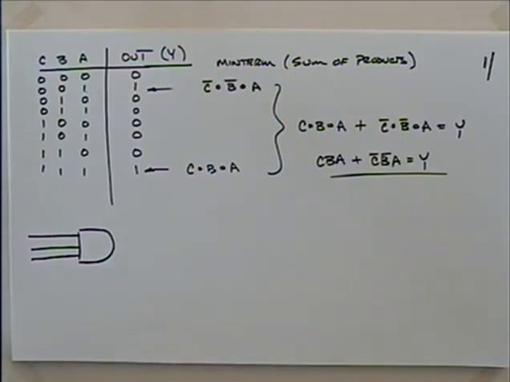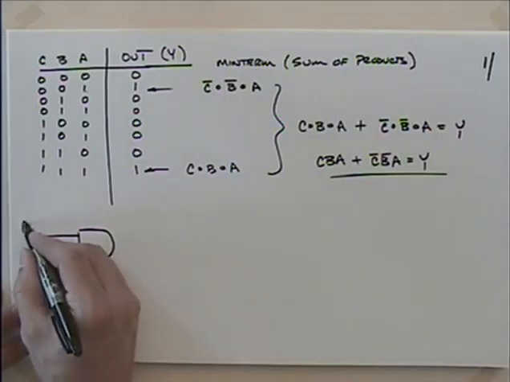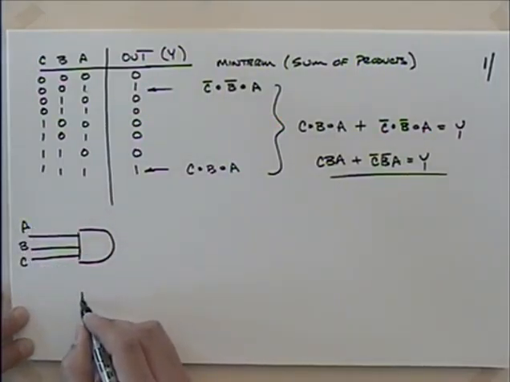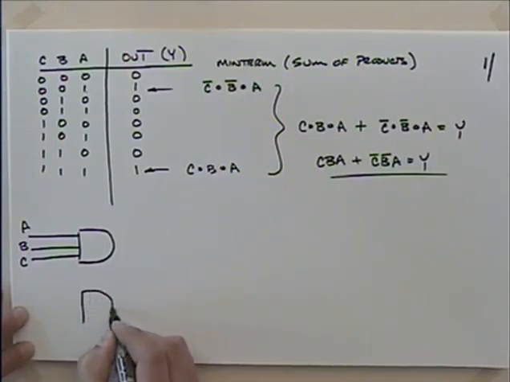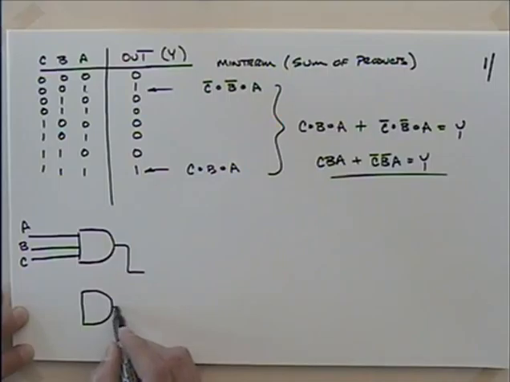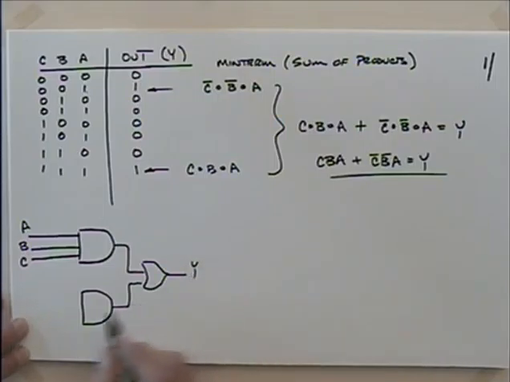But, yeah, let's see. Oh, we could put a Karnaugh map on it a little bit. And I'll need another 3 inputs, so I'm going to say that this is A, B, and C. Take another 3 input AND gate. Two input OR gate. There's our output.